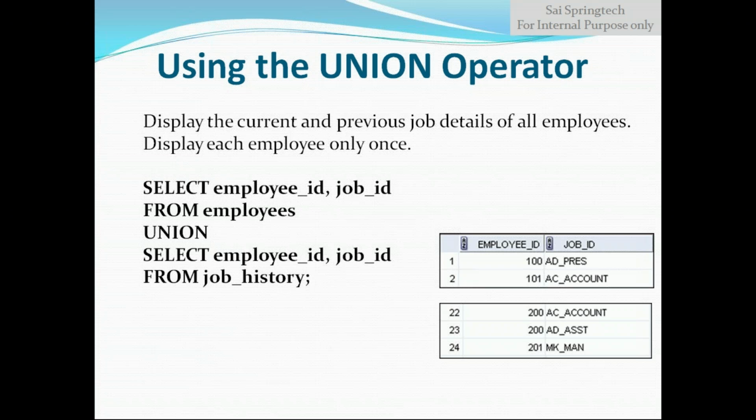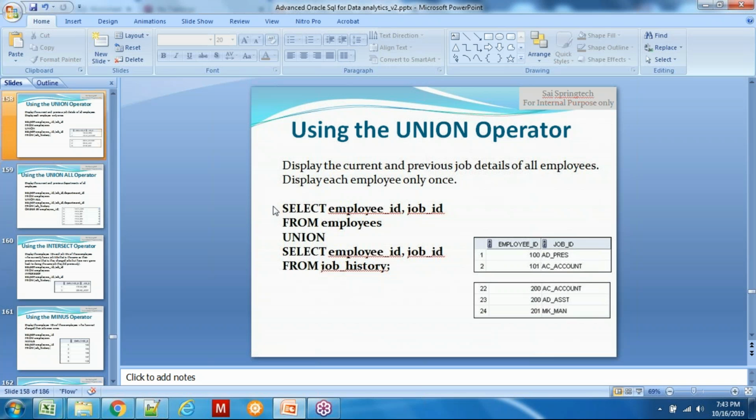If a record occurs in the employees table and in the job history, let's say, for example, I switched my job from sales rep to IT, then I should have two records in the job history table and one record in the employees table, right? If I say union all, then I will come three times, which is incorrect. If I use union, then I will come only two times. Let's run this and see how that works.